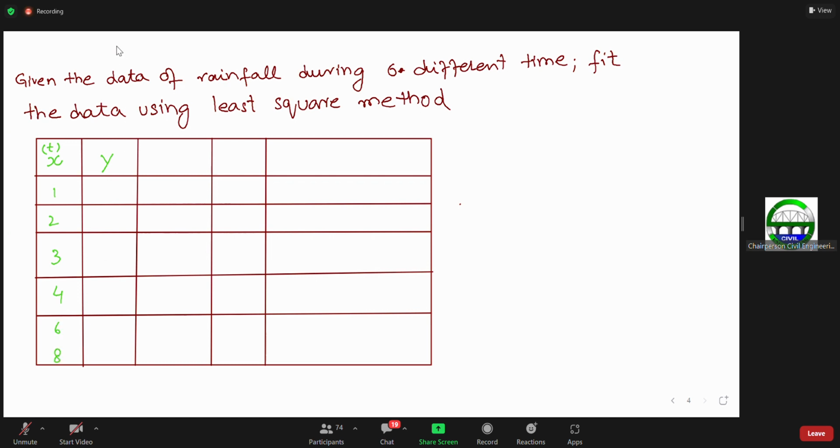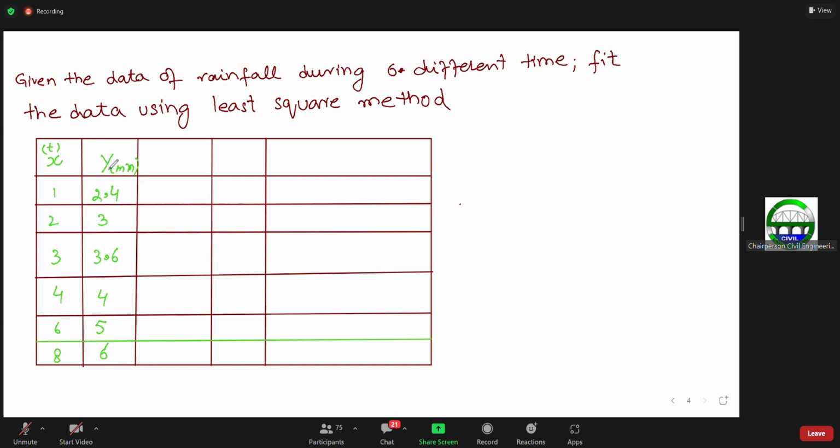Let's draw another line. And the corresponding rainfall, which is Y, in millimeters, is given by 2.4, 3, 3.6, 4, 5, and 6.